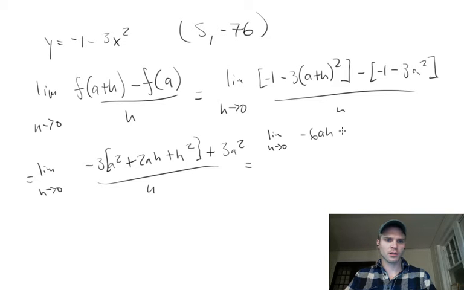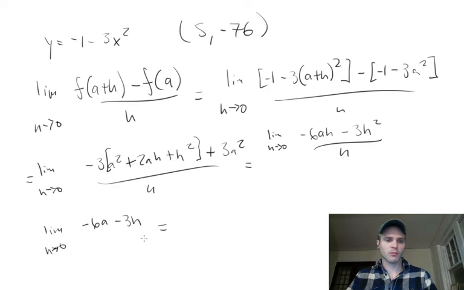And then minus 3h squared all over h. And then we can factor out an h. And so this becomes the limit as h approaches 0 of -6a minus 3h.